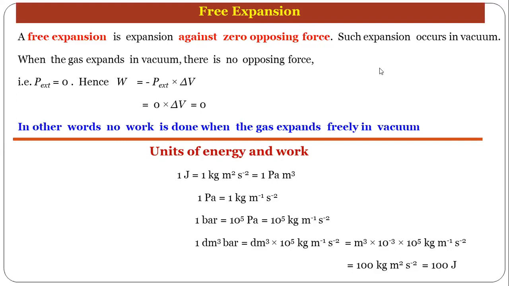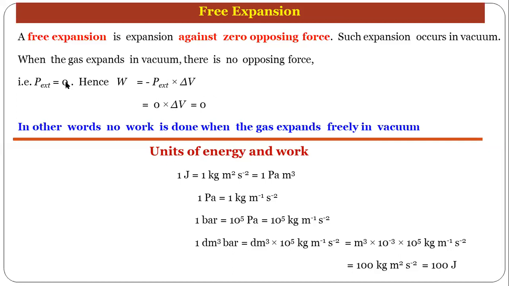That is, opposing force is there. So free expansion will not generally take place in general conditions. So for free expansion, we have to conduct the experiment of expansion in the vacuum. In the vacuum, there is no external pressure. Atmospheric pressure is not there, so the expansion will be free.